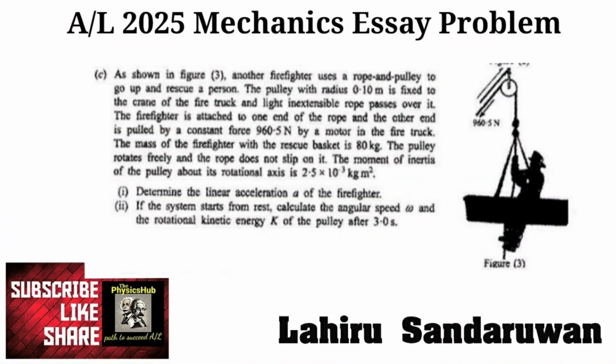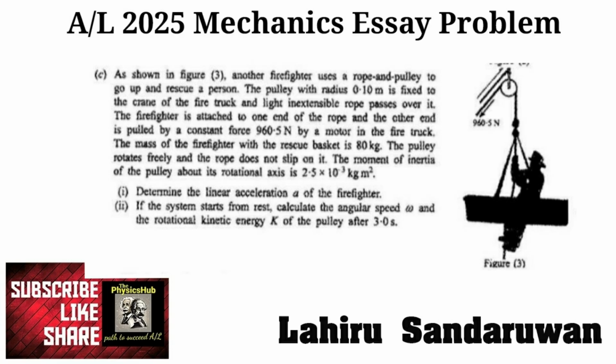In part C, as shown in figure 3, another firefighter uses a rope and pulley to go up and rescue a person. The pulley with radius 0.1 meter is fixed to the crane of the fire truck and a light inextensible rope passes over it. The firefighter is attached to one end of the rope and the other end is pulled by a constant force 960.5 N by a motor in the fire truck.